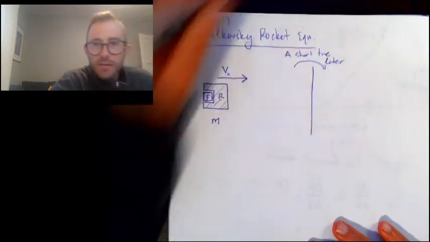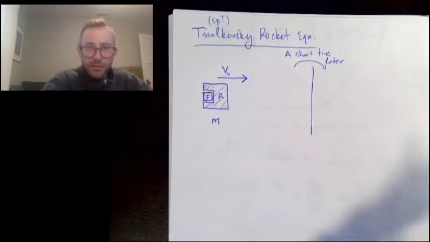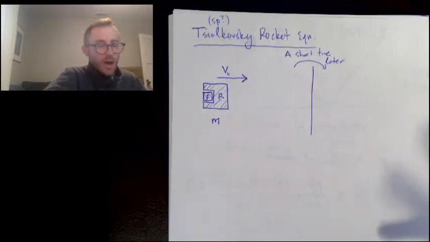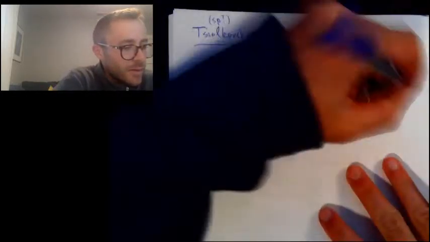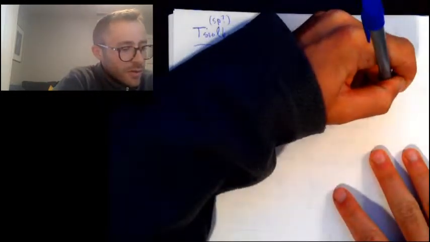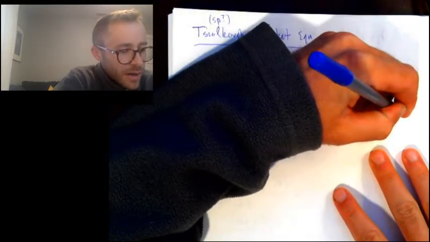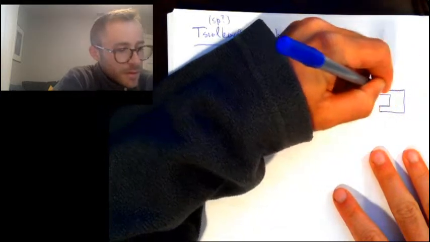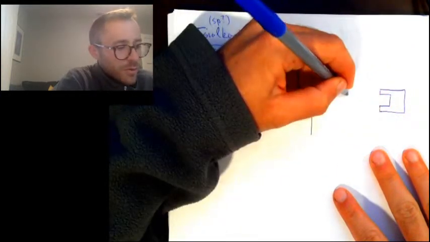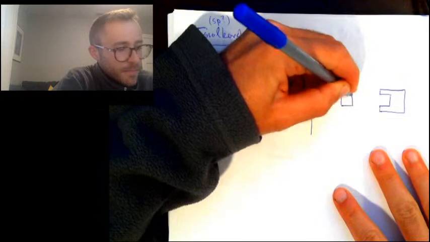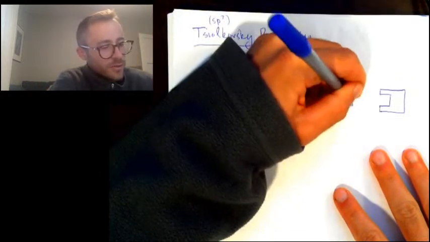Now, as a rocket propels itself, it sprays fuel out the back. So, a short time later, the rocket has sprayed that fuel out the back. So now the fuel is out here.